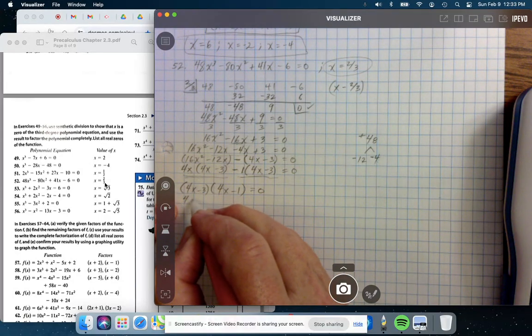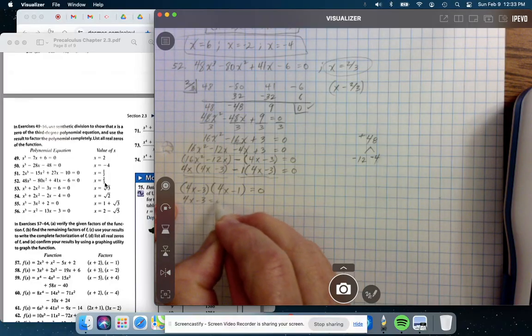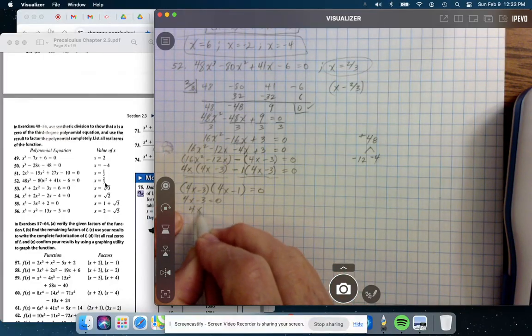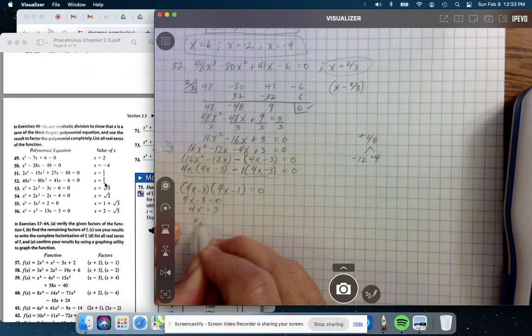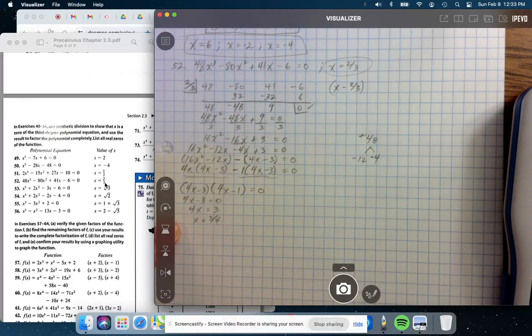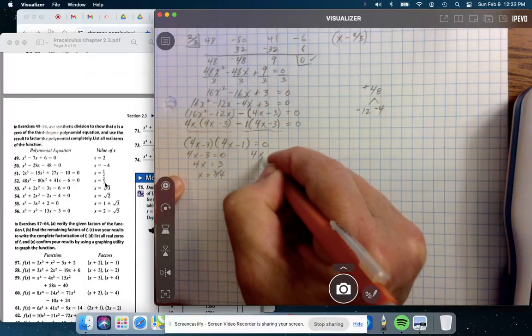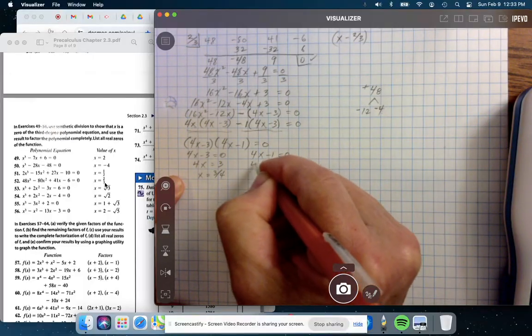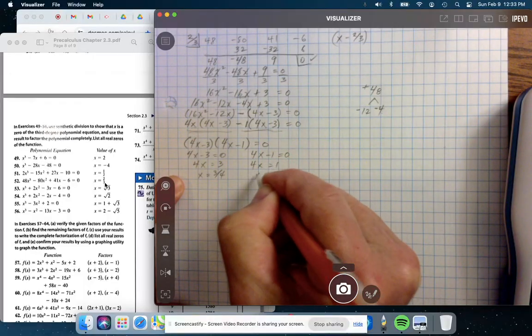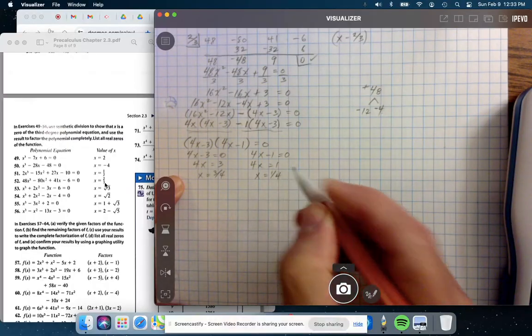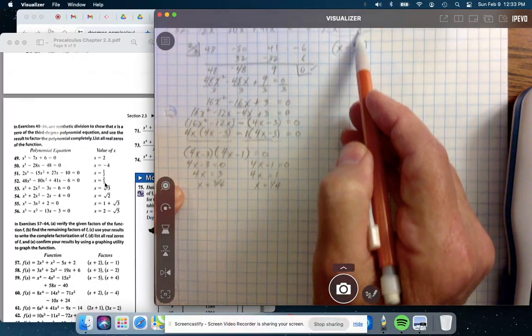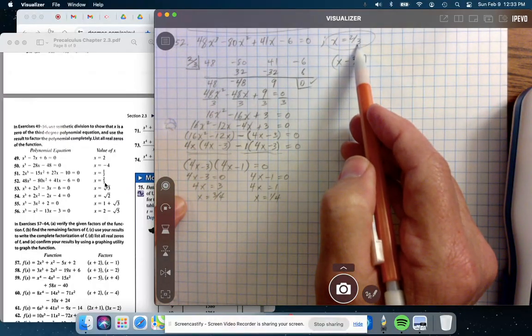So 4x minus 3 equals 0 gives me 4x equals 3, so x is 3/4. And 4x minus 1 equals 0 is 4x equals 1, so x is 1/4 is the other, and of course 2/3 is the third one.